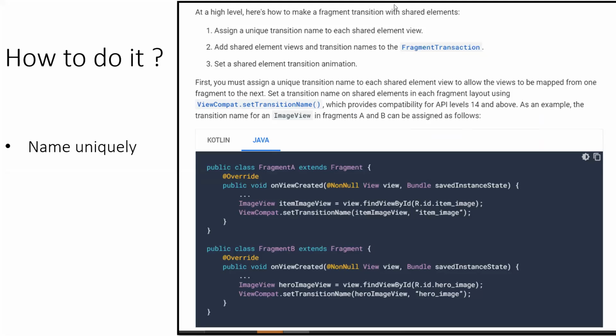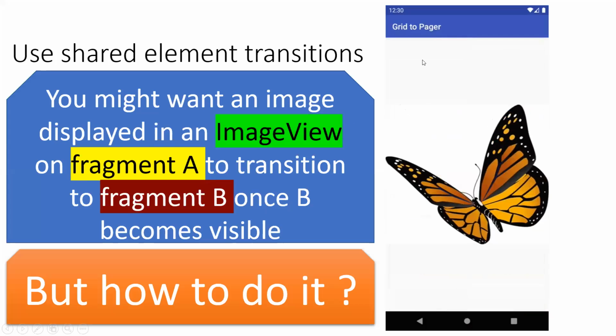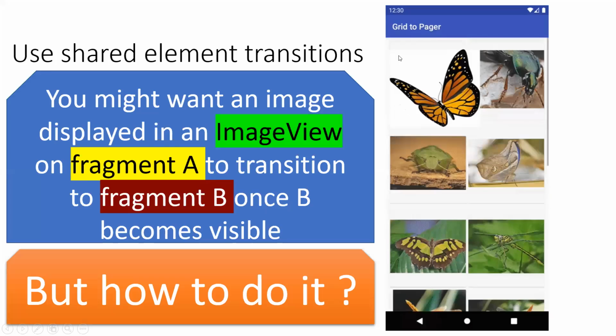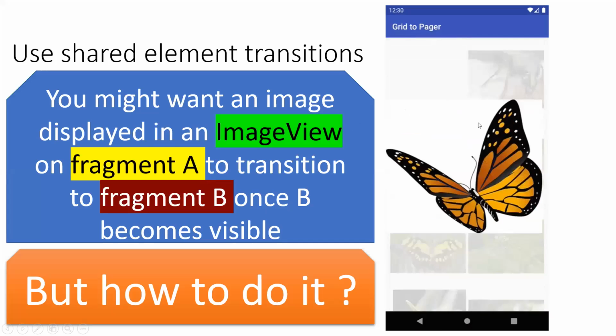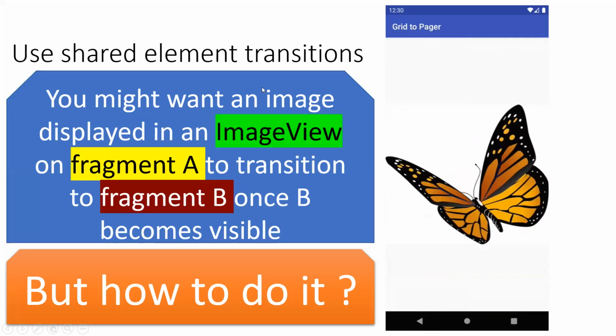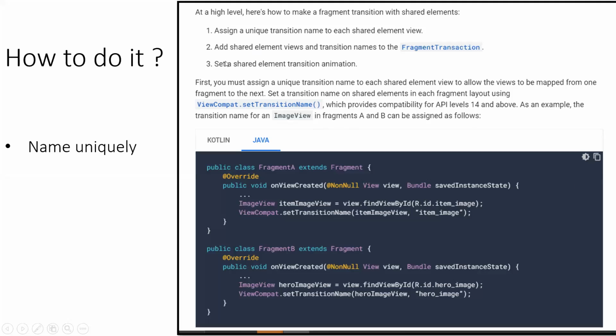So how to do it? What is being talked about? This shared transition. There was a fragment, and there is an entire fragment that needs to be populated. Let's say this is fragment one, and the entire thing is fragment two. To do this process, you need to follow 3 steps.